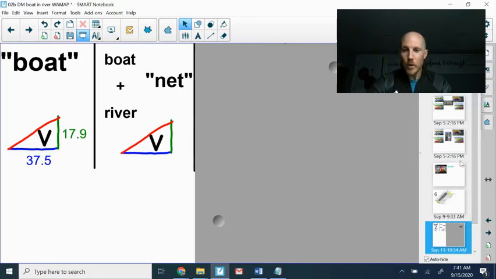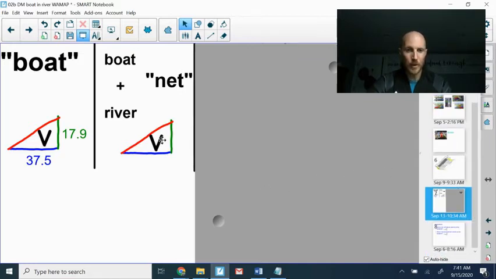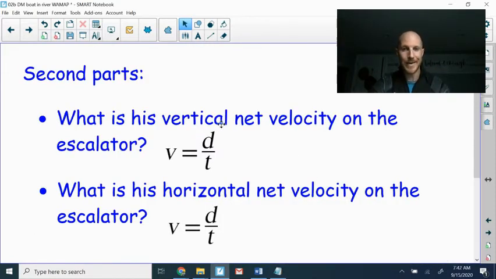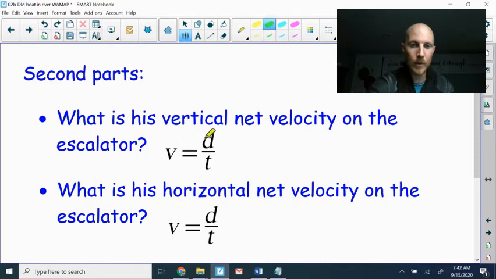We are going to need to come up with a time, because in order to calculate the vertical net velocity on the escalator, we've already got this distance. I just mentioned that already. But we're going to have to come up with the time it takes for him to go down the down escalator or up the up escalator.